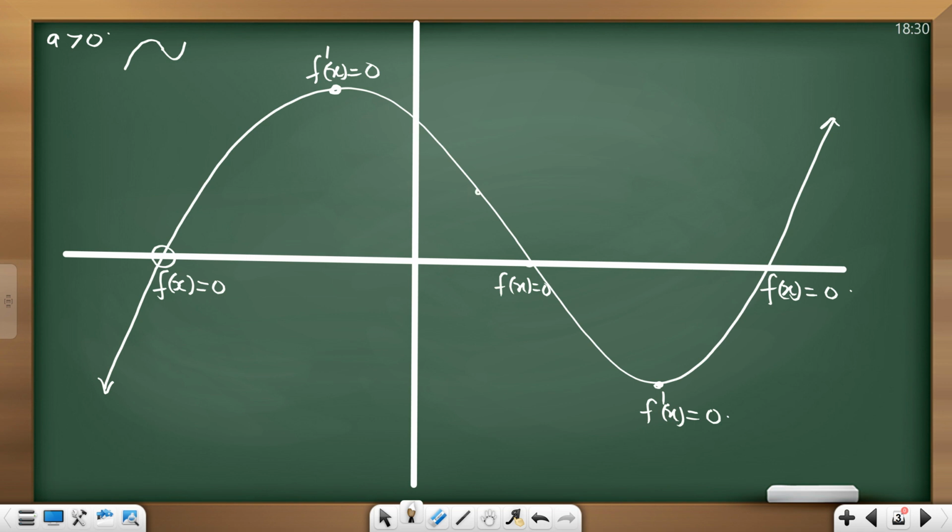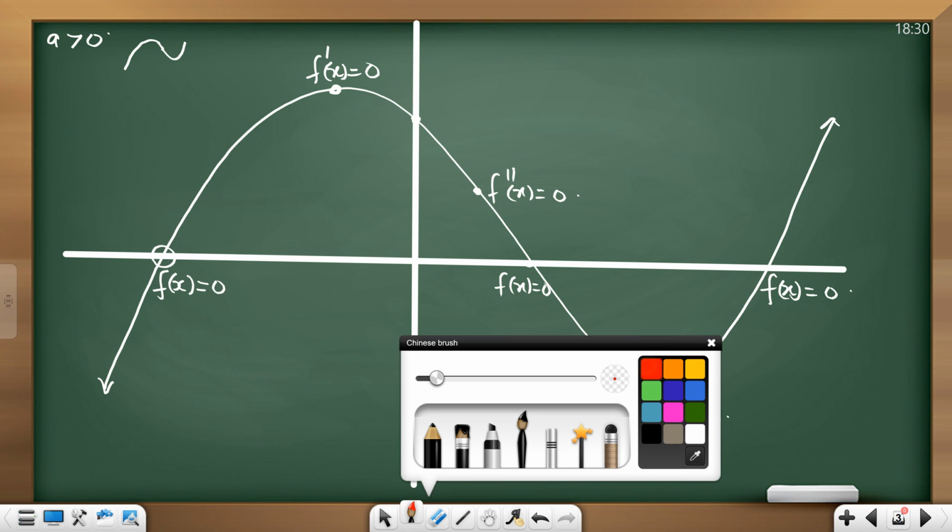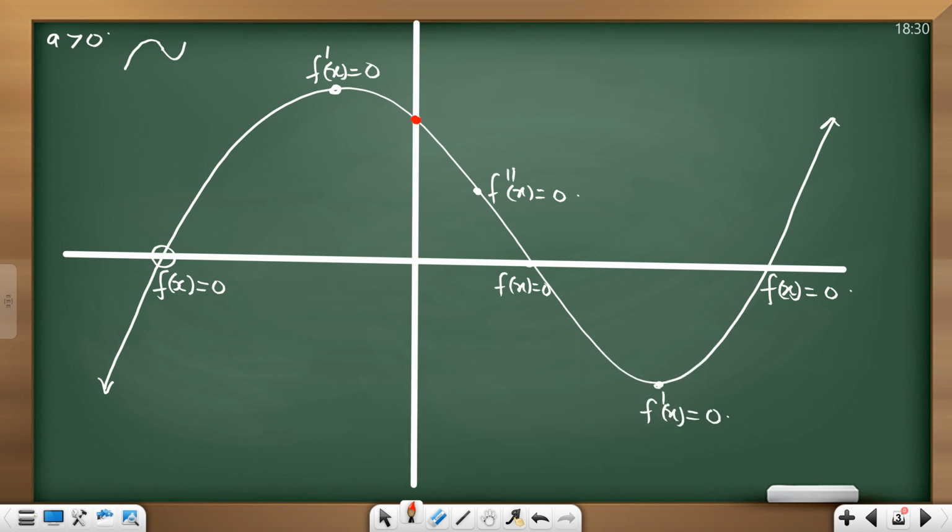In the middle of your turning points, f double prime of x is equal to 0, the point of inflection. How do we describe this point? x is equal to 0. So we say f of 0 is equal to whatever is in the bracket is your y value.